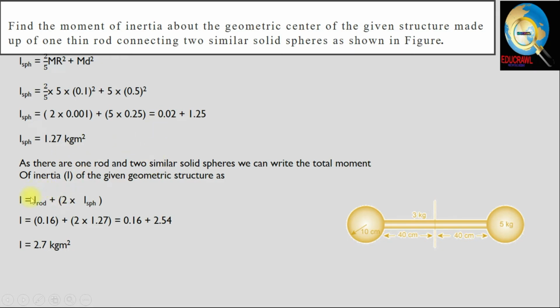So the total moment of inertia is given by moment of inertia about the rod plus 2 into moment of inertia about the sphere, because both the spheres are of regular shape. Substituting the values and simplifying, we get the total moment of inertia as 2.7 kilogram meter square.